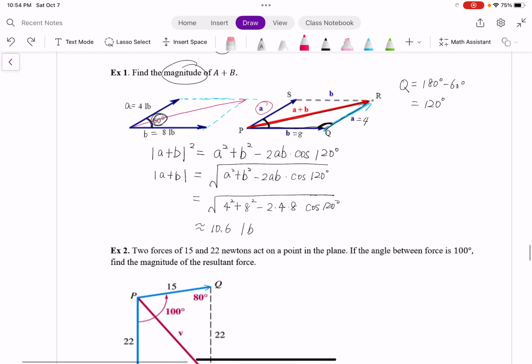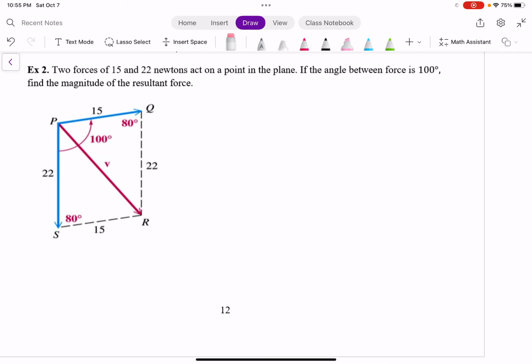All right, let's see the next one. I have two forces. One force is 15 and another force is 22 Newtons, acting on a point P in the plane. If the angle between the forces is 100 degrees, find the magnitude of the resultant force.